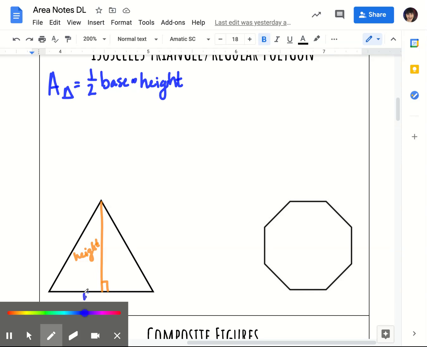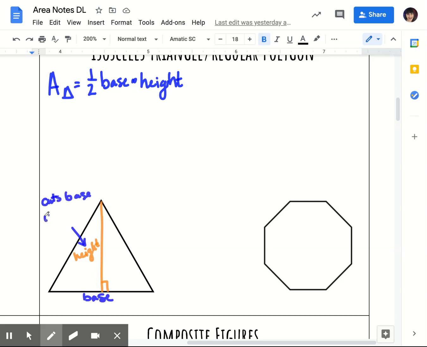My base is down here. So the height is going to cut the base in half, which can be useful at times.